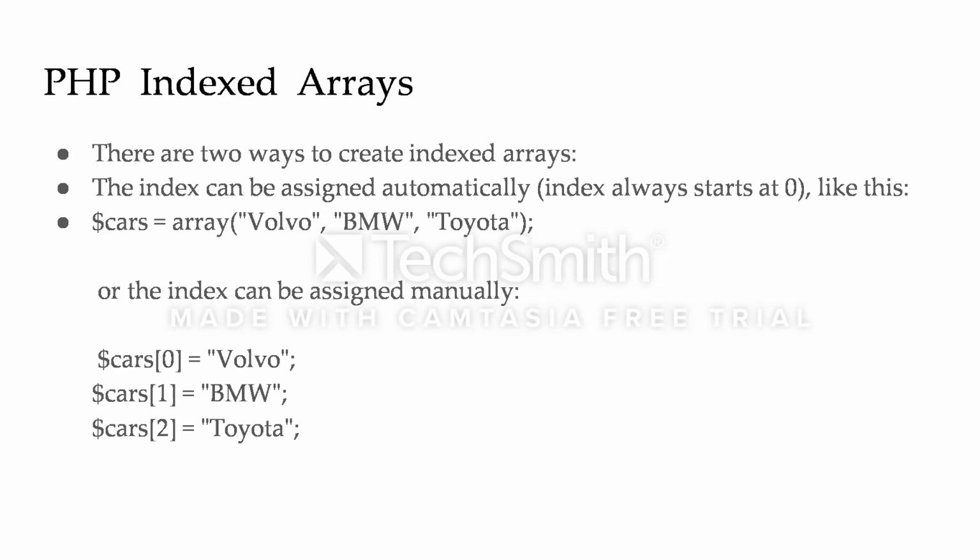In PHP indexed arrays, there are 2 ways to create indexed arrays. The index can be assigned automatically or manually. You can see the syntax of both indexed arrays here.